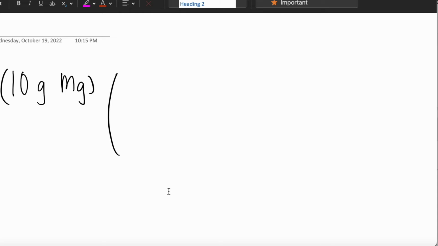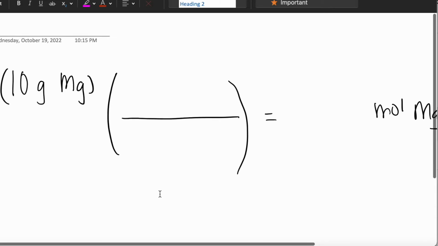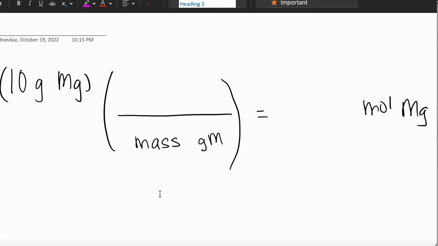The way that I would convert to moles is I would have to go to the periodic table and look up the molar mass, and whatever it happens to be, I'm going to set it up. So the mass part is going to go here. The mass, in other words, the units will be grams Mg, and then the mole part will be up here.